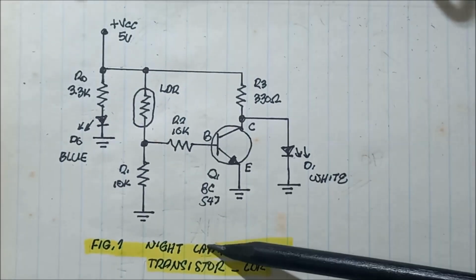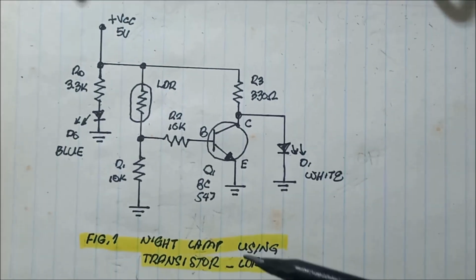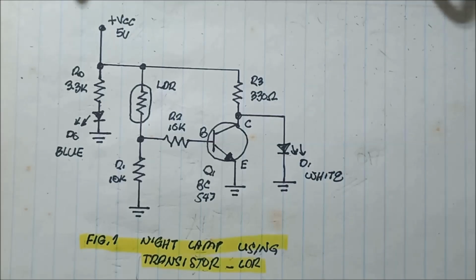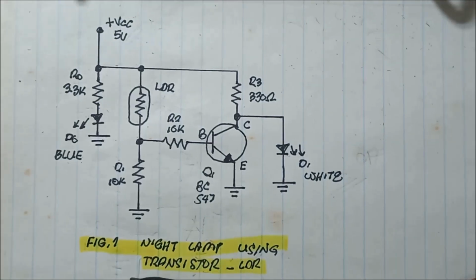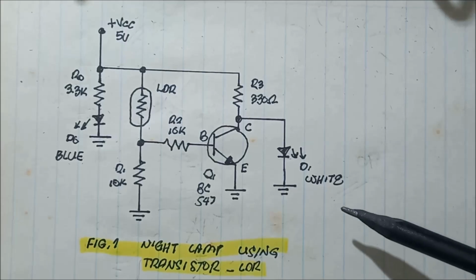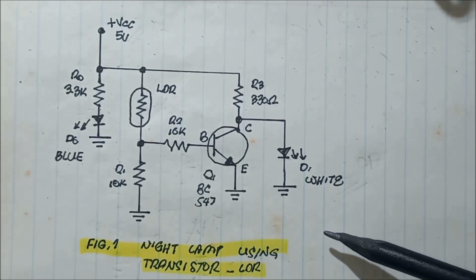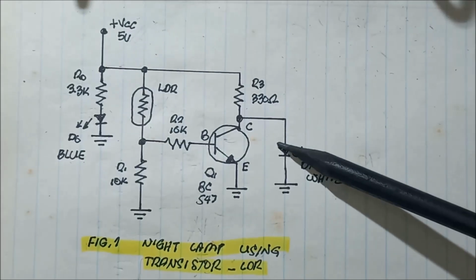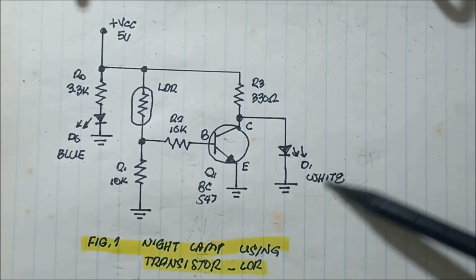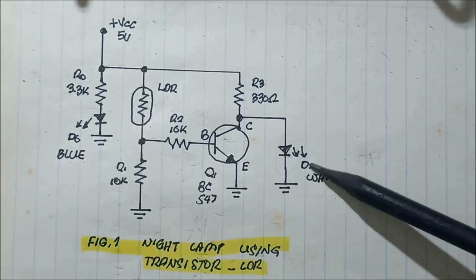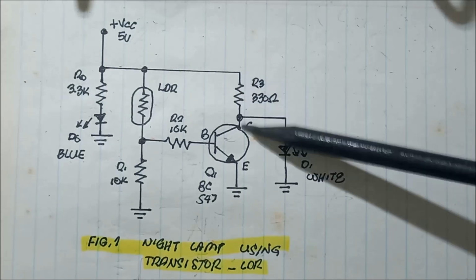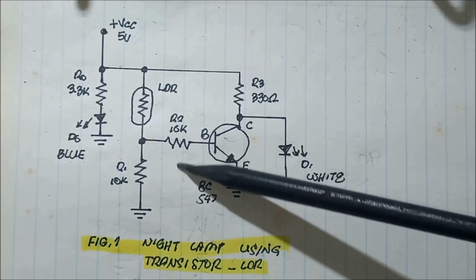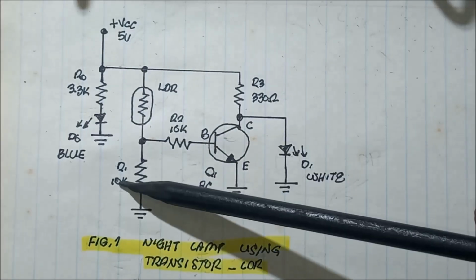Here we have the night lamp using transistor and light dependent resistor. So in our figure 1, we have this night lamp. Here we have the transistor, output LED white, the one that's turning on and off, and then resistors 10K, 330, 10K.